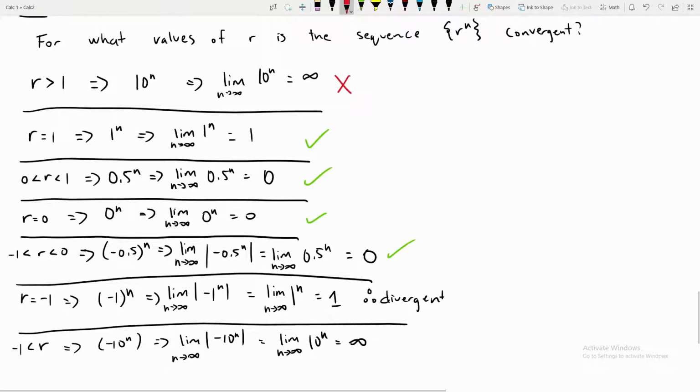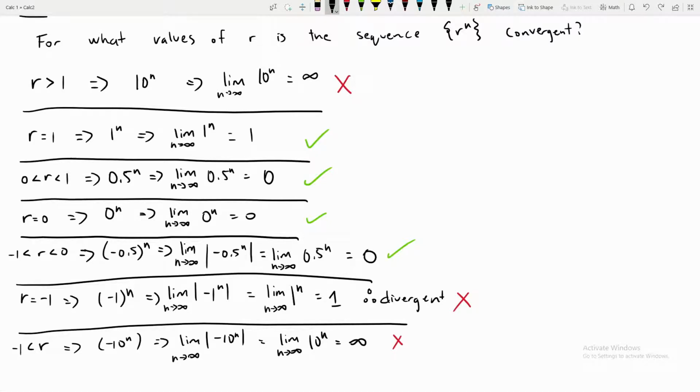However, here we approach a finite value, but that's for the absolute value of that sequence. Because the absolute value didn't approach 0, we can't conclude that the actual limit itself will approach 0. So we don't know what it'll approach, therefore it is divergent. And for the last one as well, it's going to be divergent because we approach infinity and not a finite value.